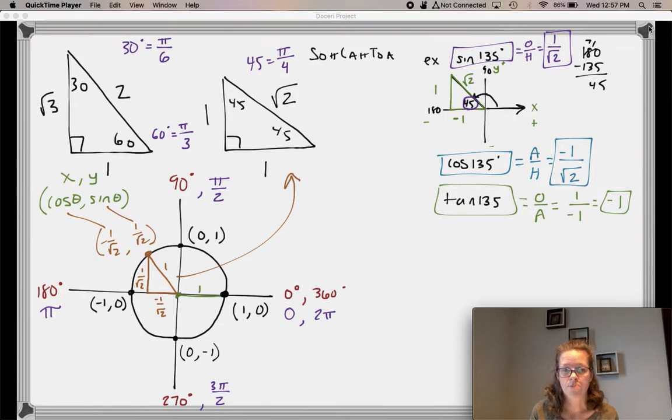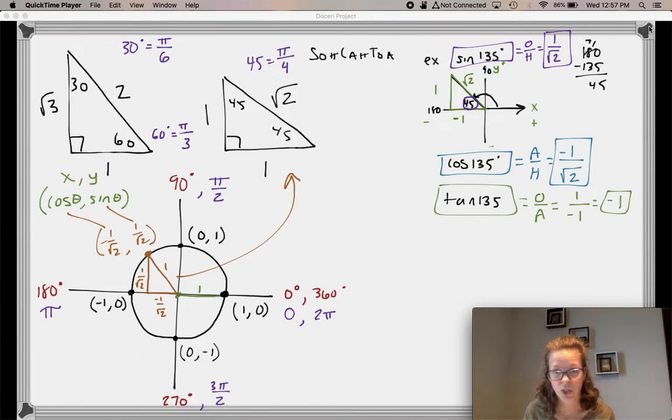So that's kind of up to you if you want to look at it that way. Or Mr. Rohr, Mr. Hoffman might do it that way as well. But I just stick with those 2 triangles up top for my answers here. So let's go ahead and try another example.